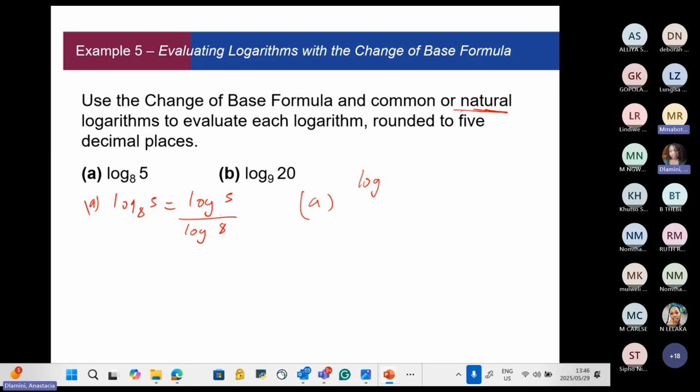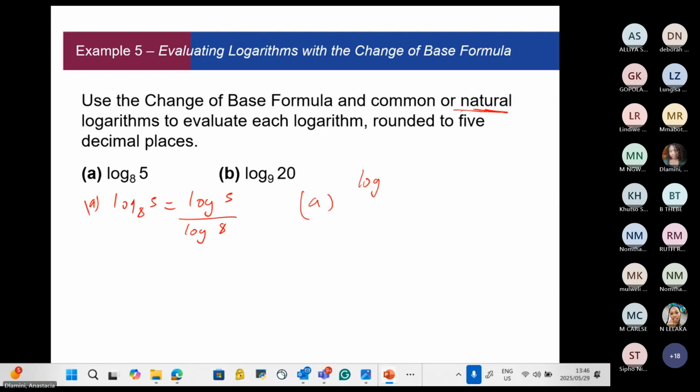We're using the natural log, the change of base formula, and the natural logarithm.